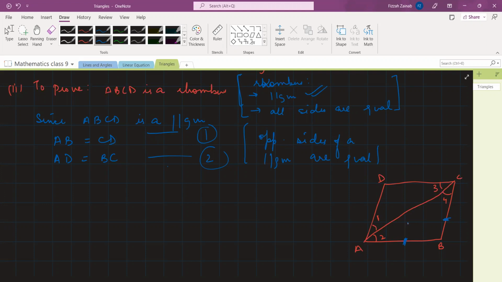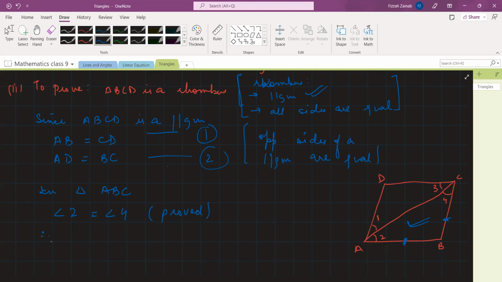So I take this triangle, this one. So in triangle ABC. Now already I have shown that all the four angles are equal, 1, 2, 3, 4, right? So angle 2 is equal to angle 4, already proved. So if in any triangle, two angles are equal, that means opposite sides are also equal.